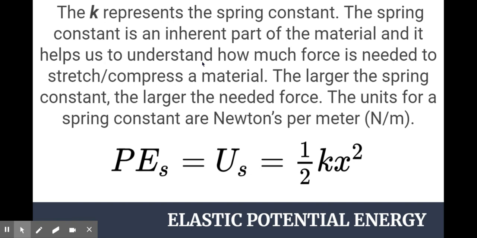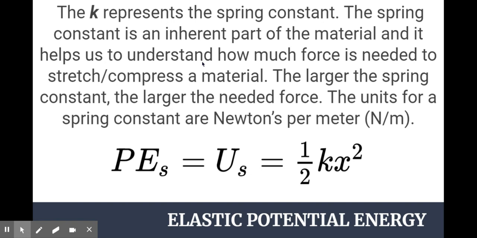The spring constant helps us understand how much force is needed to stretch or compress the material. A large spring constant means you need a huge force in order to stretch or compress the material. If it's got a small spring constant, you don't need a lot of force. It's easy to stretch or compress it.